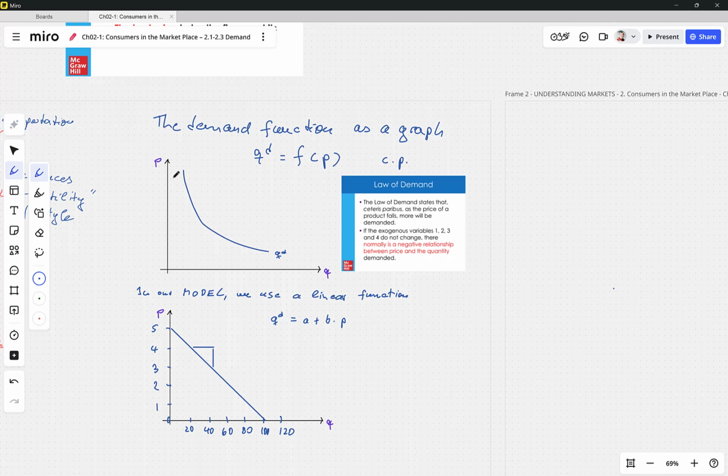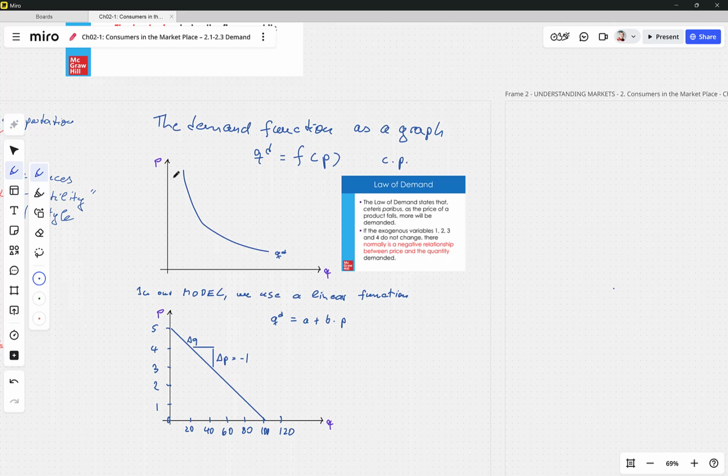The change in price is -1. And you see that little triangle that I make in front of the P, a Greek letter delta, and it says the difference, the change that we do. The change in price is -1, whereas the change in quantity is positive. It goes from 20 to 40.